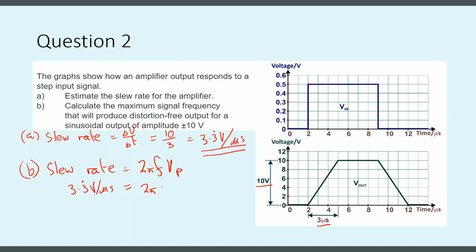2 pi, the peak is 10, and the frequency is f, which we are trying to find. So we do 3.3 recurring divided by 2 pi times 10, and this will be per microsecond, of course. So we will need to convert that into per second, because frequency is always written per second.